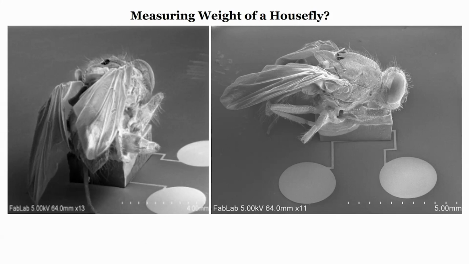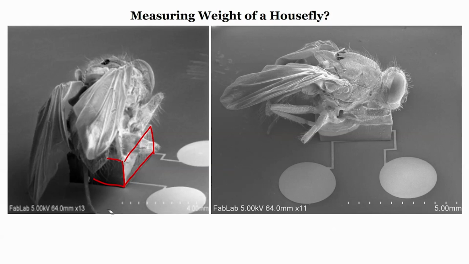You can see that there is a sensor at the bottom and there is a cube here, on which the housefly is sitting, all right, and we want to measure the weight of the housefly. Is our sensor sensitive enough to measure the weight of a housefly, or what is the weight of a housefly, right.